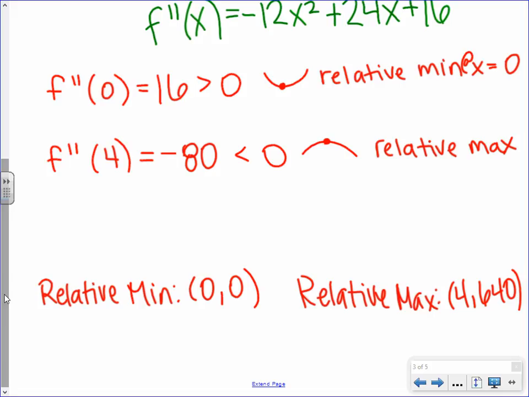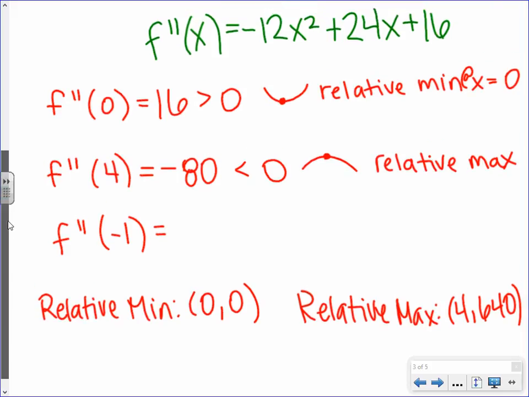All right, and last we need the second derivative at negative 1. If we plug in negative 1 to our second derivative here, negative 12 times 1 plus 24 times negative 1 plus 16, that gets us a negative 16. Negative 16 is less than 0.